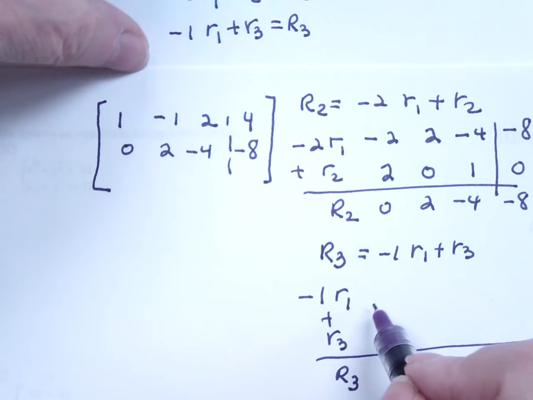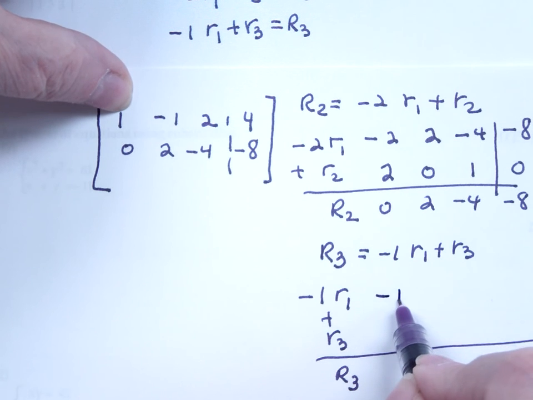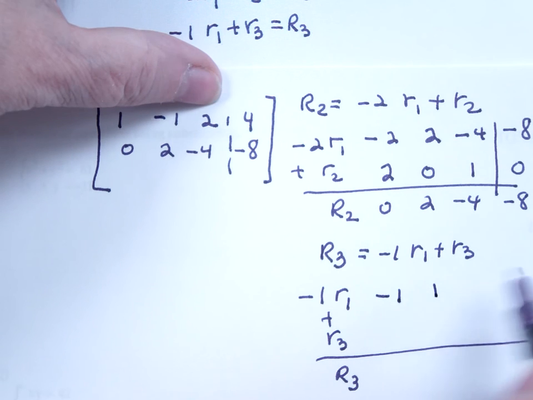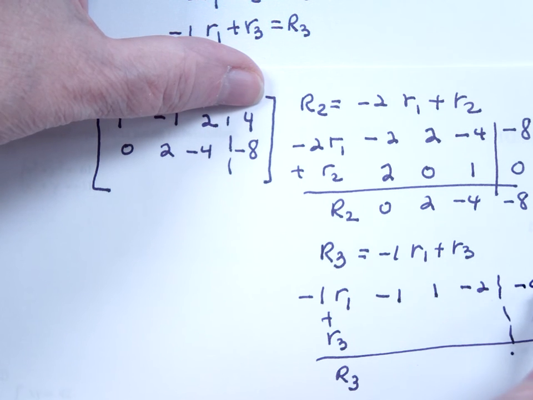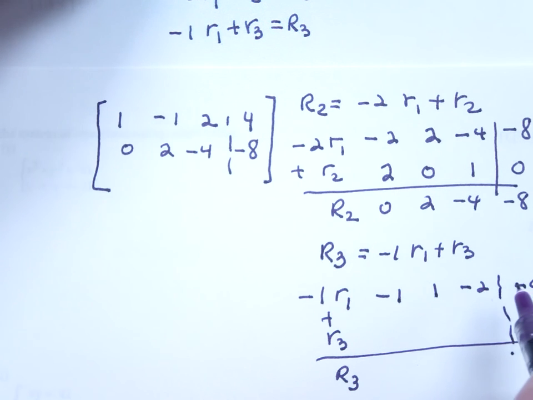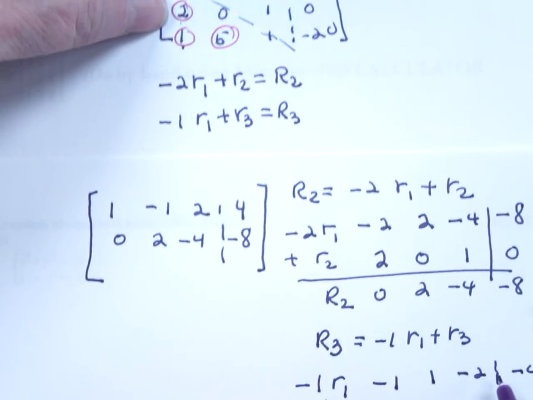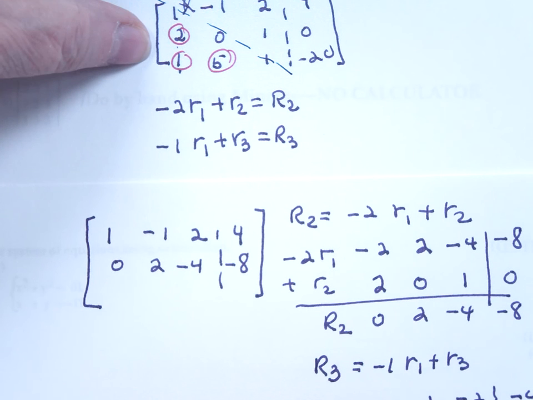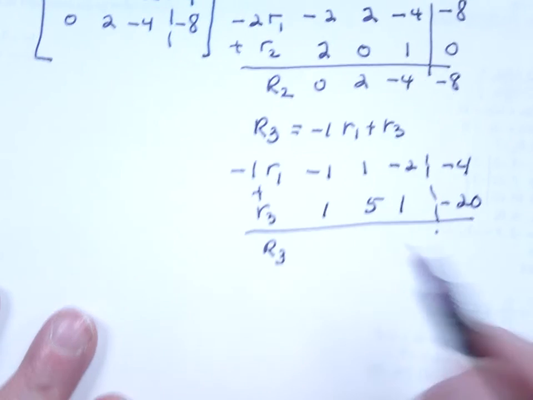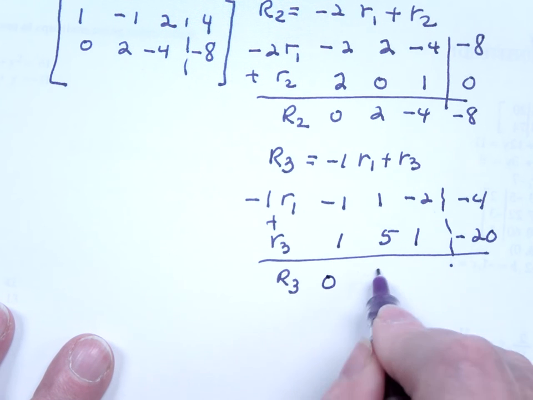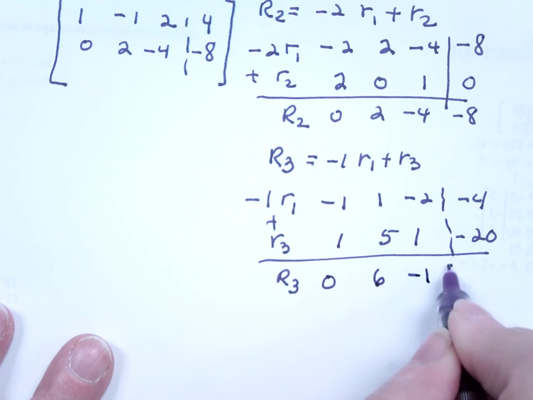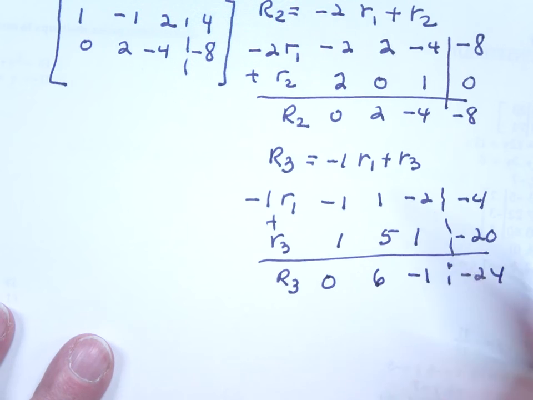So negative 1 times row 1: negative 1, negative 1, positive 1, negative 1, negative 2, negative 1, negative 4, added to row 3, which is all the way up here, which is 1, 5, 1, negative 20. So that gives me a 0, a 6, a negative 1, and a negative 24.